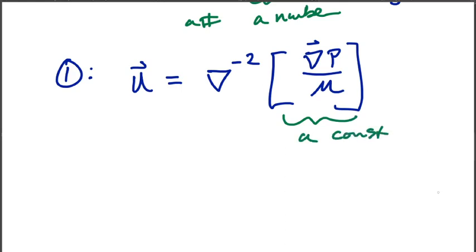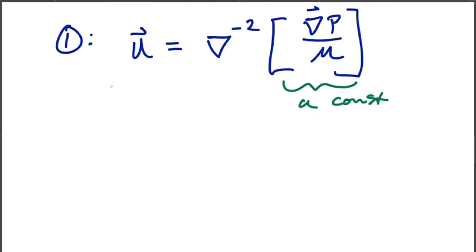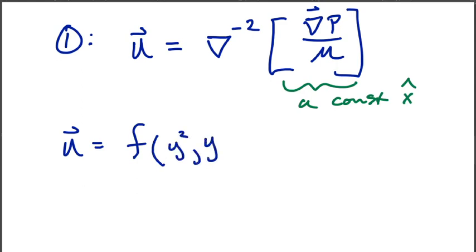So u, this is a constant in the x hat direction, the direction of our pressure. We know that u is then equal to some function of y squared and y and of constants, times the x hat direction.